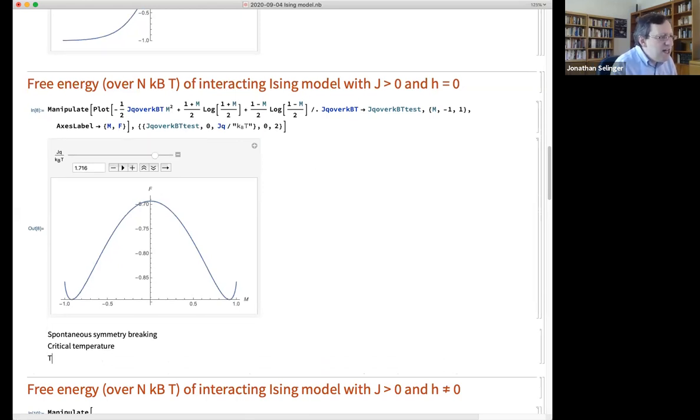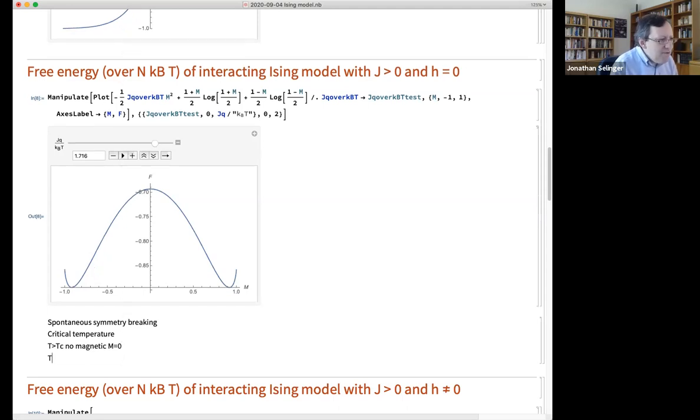Okay, so if T is greater than Tc, there will be no magnetic order, that is, M equals 0. But if T is less than Tc, there will be magnetic order. That is to say, M is not 0, okay?